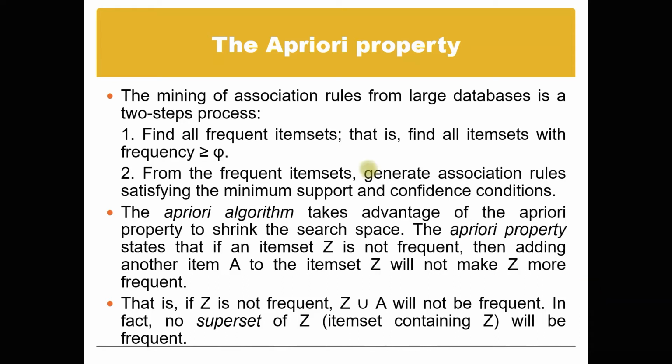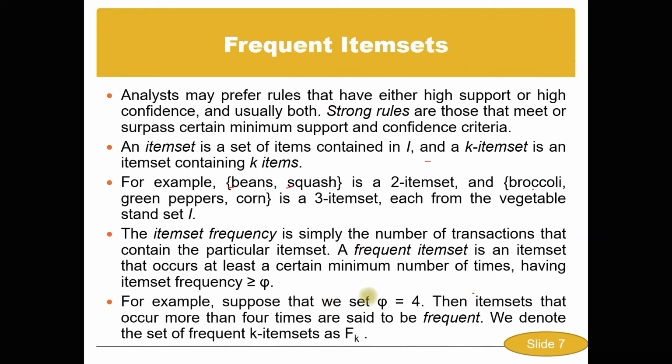As I said to you, our aim is to determine what are the frequent item sets. Like if you got your F2, it is from the F2 that you will start to derive your different rules. Like as I said to you earlier here, if you've got an F2 as bean squash being part of F2, you can start already deriving your rules. If buy bean, then buy squash. If buy squash, then buy bean.